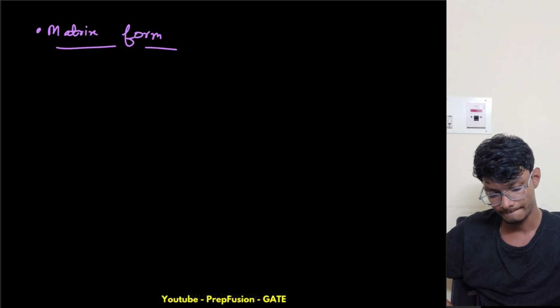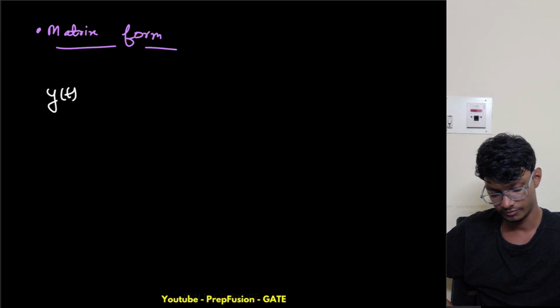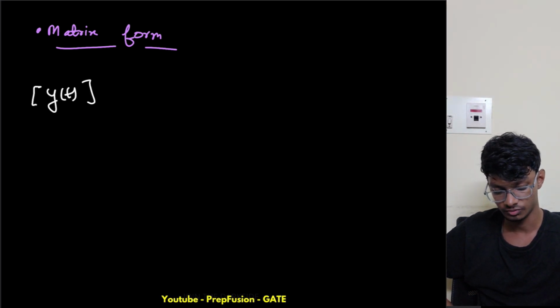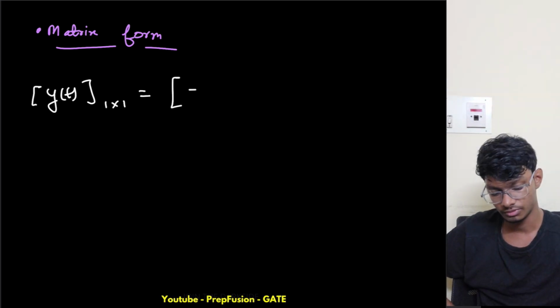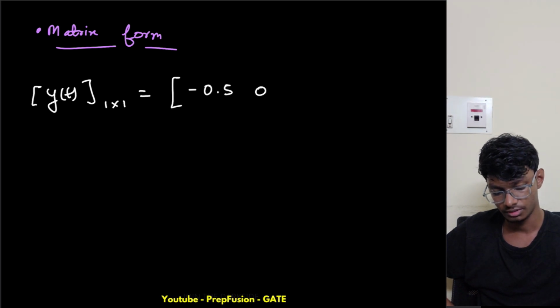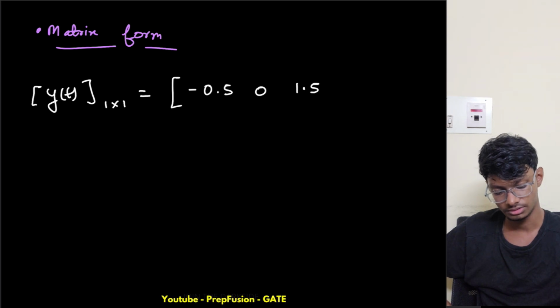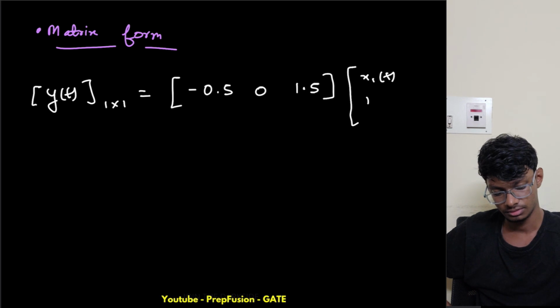Again, this will be y of t only. This will be a 1 cross 1 matrix, because we have only a single output. It is related with x1 of t, not related with x2 of t, and also related with x3 of t. Here we have x1 of t, x2 of t, and x3 of t.